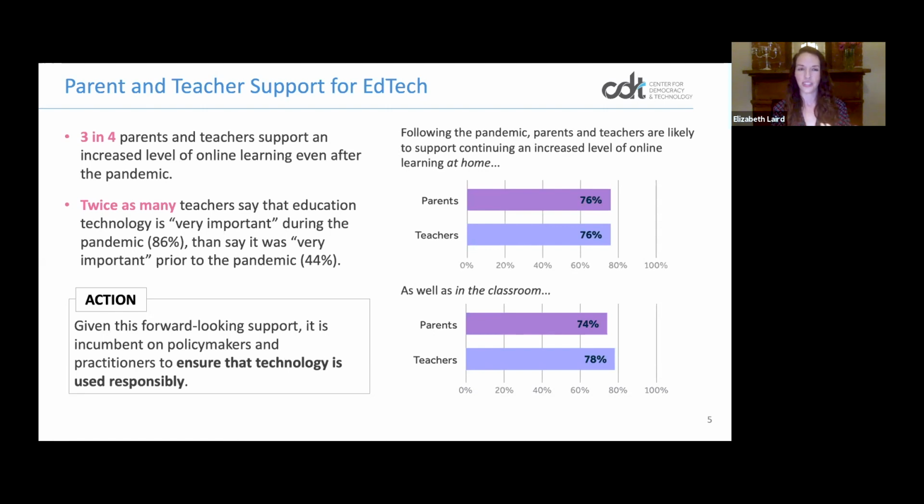Unfortunately, there are examples of data collection and technology use that is maybe even well-intended, but does not have the desired outcome, or maybe is taking resources away from other things. And so I think the takeaway from this slide is that we are seeing support both from parents and teachers for online learning, but that it needs to be done in a responsible way.